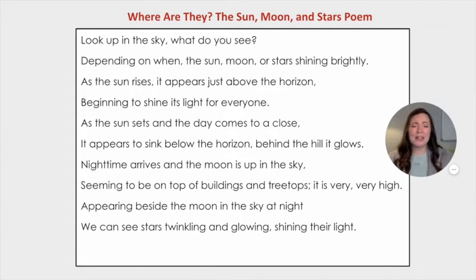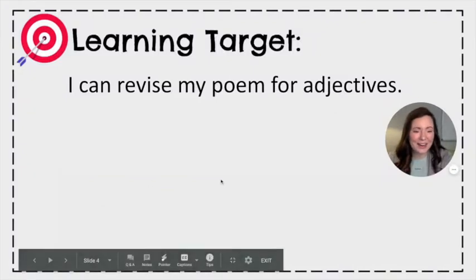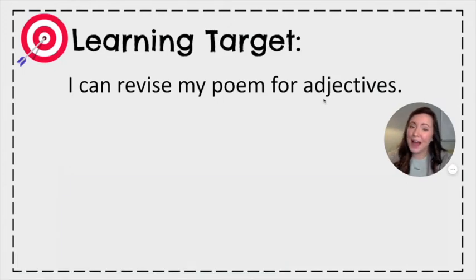I like that poem. It is full of wonderful adjectives, words that help me paint a picture in my mind. I also chose this poem because of those wonderful adjectives. Today's learning target says, I can revise my poem for adjectives.